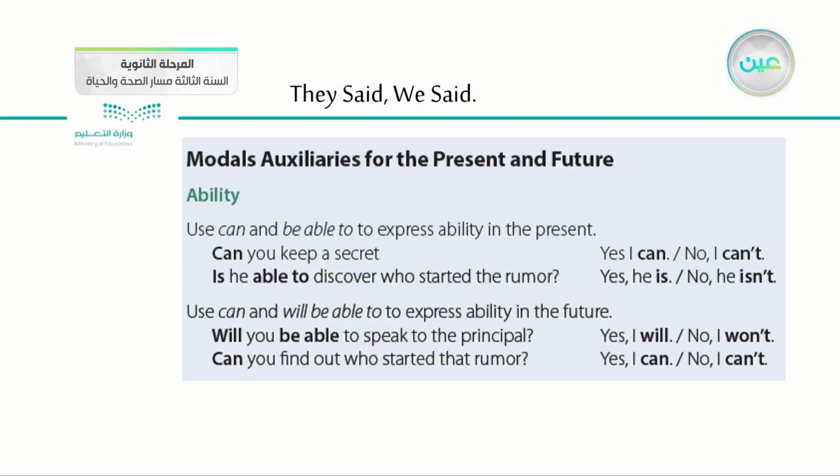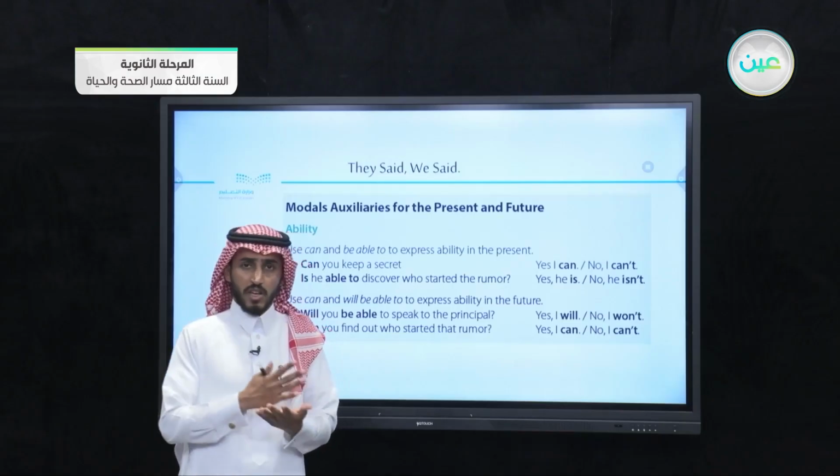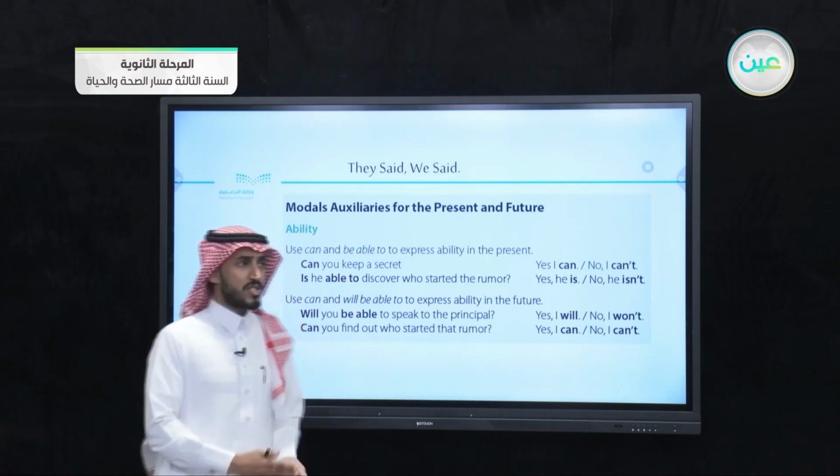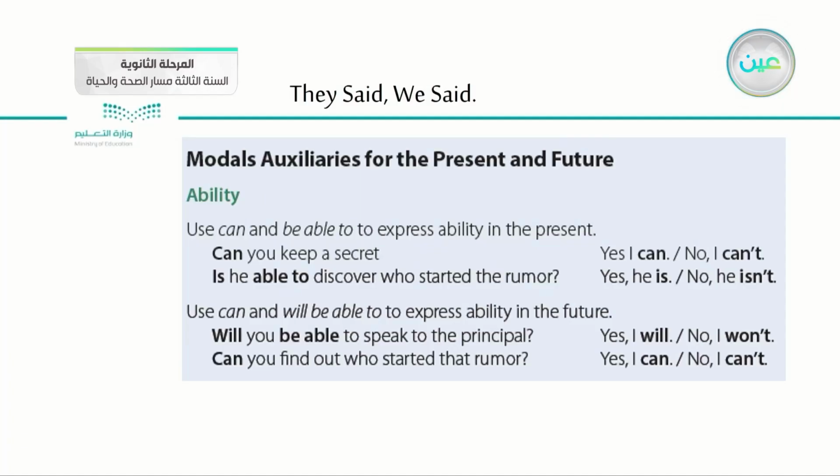Now we will go to the 3rd part in our lesson today, which is modal auxiliaries for the present and future. The modal auxiliaries are used for many purposes, and we are going to talk about these purposes, and we will have some examples of each type.